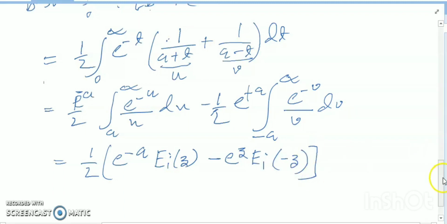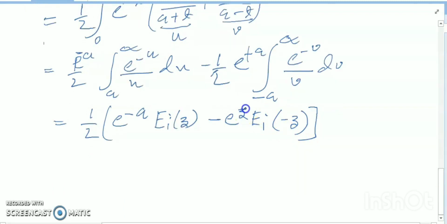I hope it is clear. Sorry, not e to the power z, I have written it wrong. It is e to the power a Ei(minus a) and e to the power minus a Ei(a), with a half. This is the e to the power a and e to the power minus a, okay, no problem.